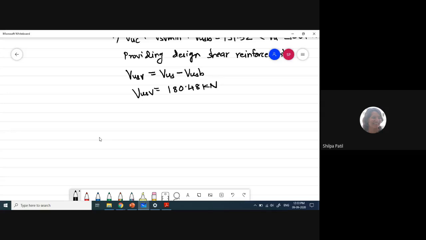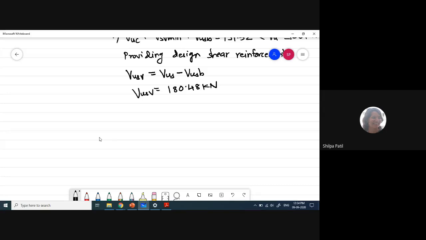What was the VUSV value for zone 1? 330.48. Now the value is reduced to 180.48, so obviously your spacing will increase, and when the spacing increases, the number of bars will automatically reduce.